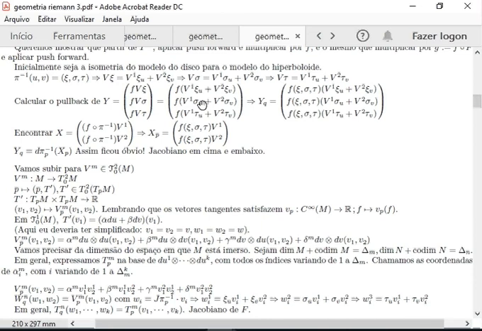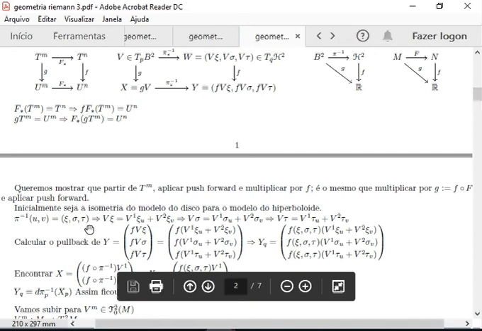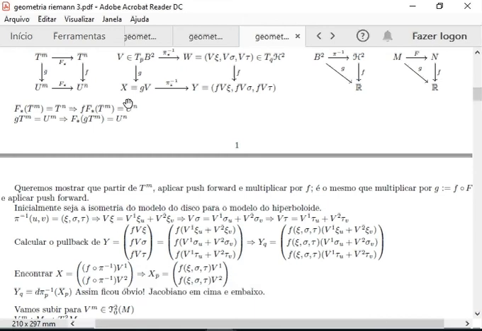Jacobian when doing the pullback, the push forward above, and the Jacobian from X to Y. V and W and X and big Y.